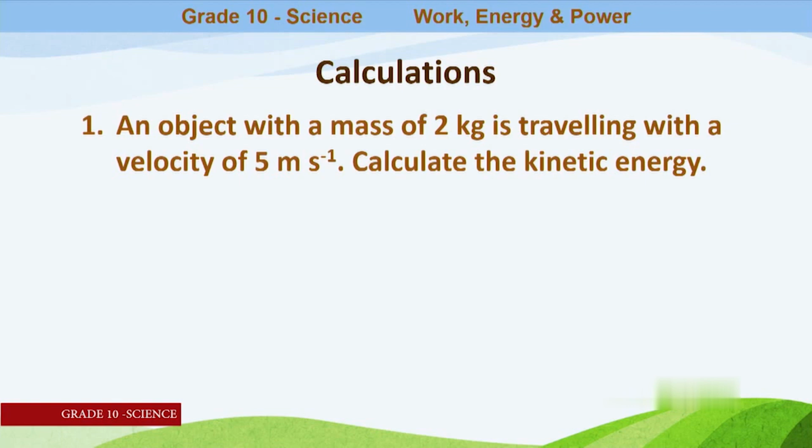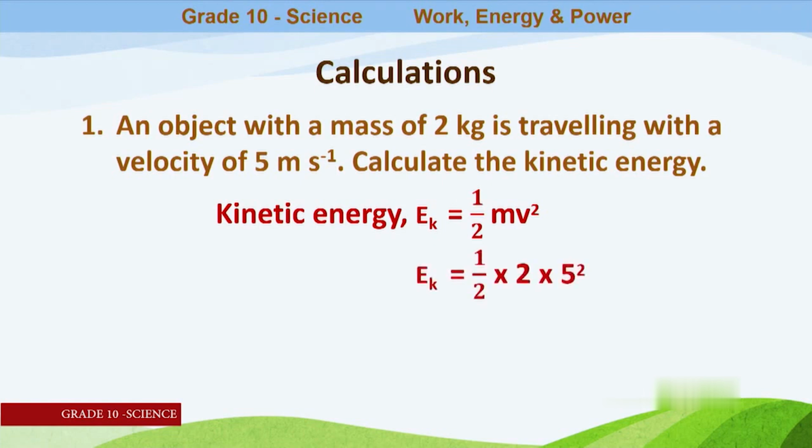First of all, as I told you in my previous lesson, you have to write the equation. Ek equals half mv squared. Then you have to apply values. Ek equals half, the mass of the object is 2 kg, and velocity v is 5.